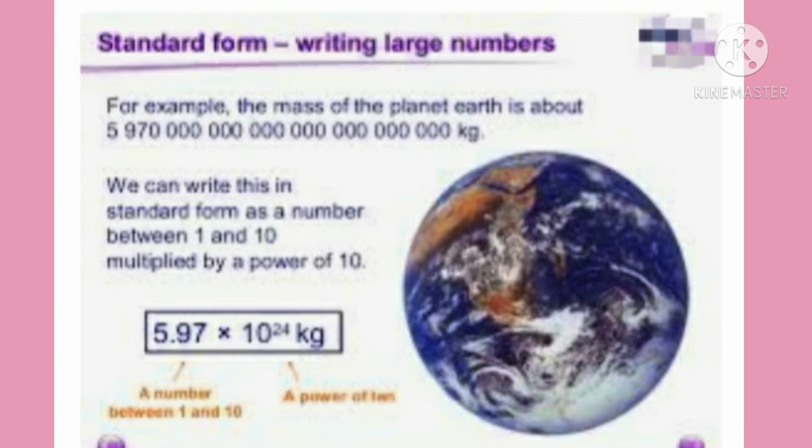Such a big figure is very tough to speak and to write. So, standard form allows us to deal with such bigger numbers in an easier way, and that is how we can write it as 5.97 into 10 to the power 24 kgs.